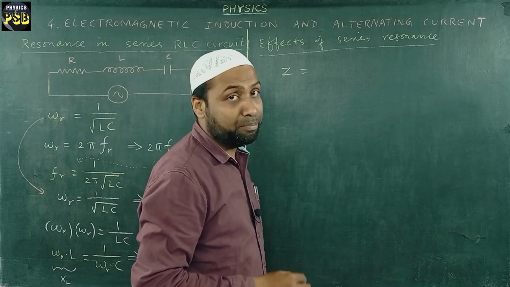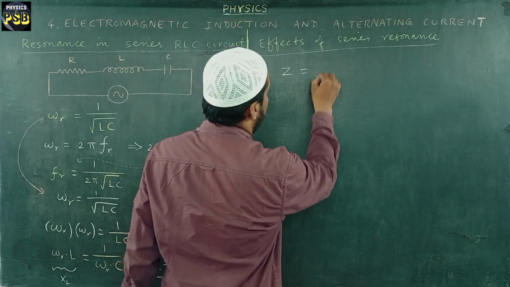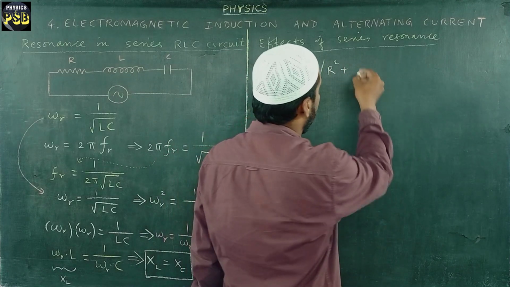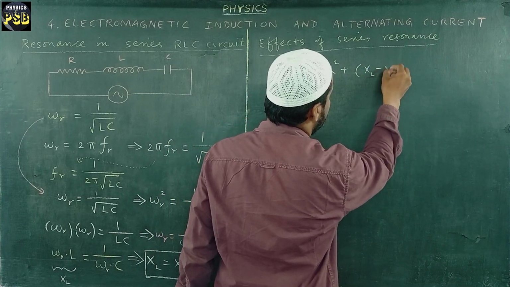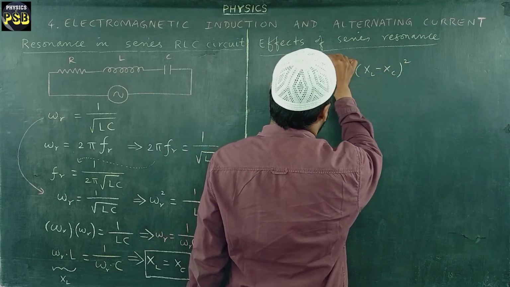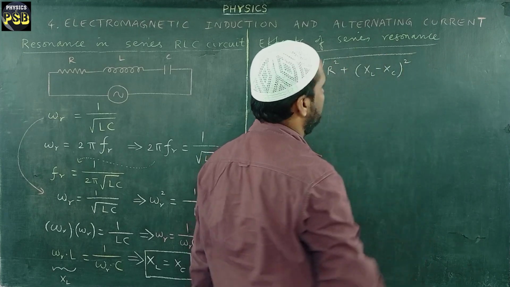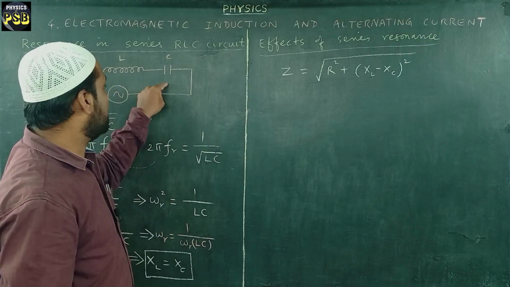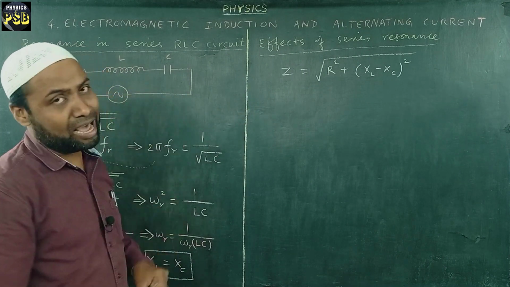Z stands for impedance, and it is nothing but the root of R square plus (XL minus XC) whole square. This is the expression which represents the impedance offered to the flow of current by this RLC circuit.